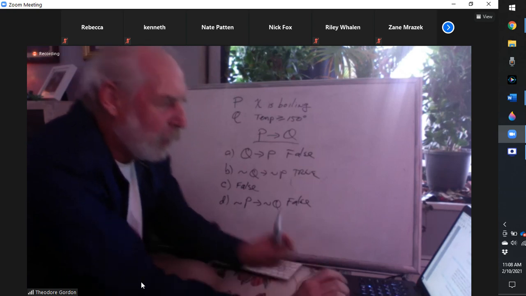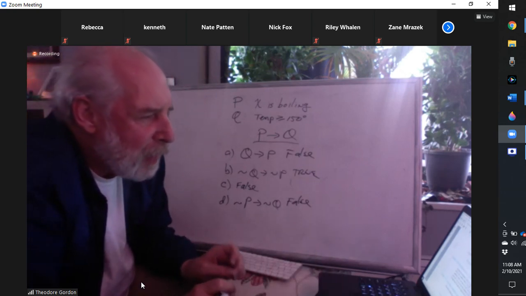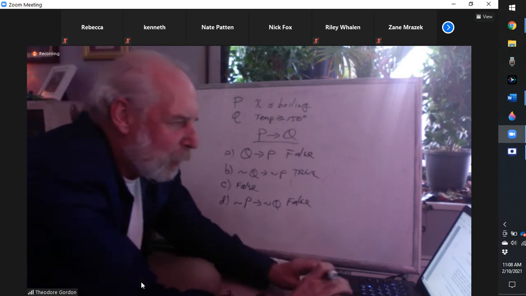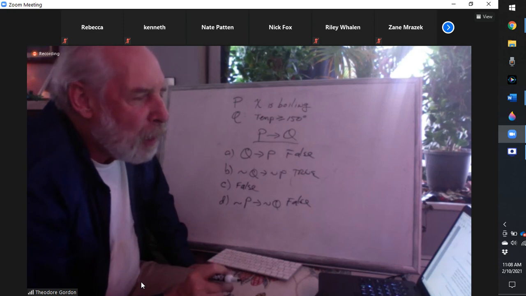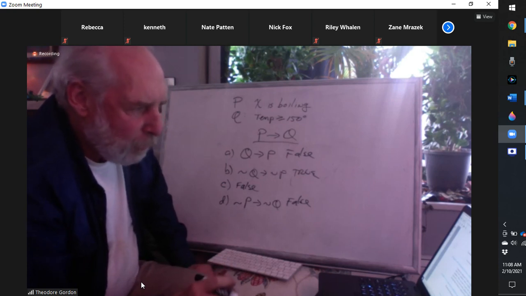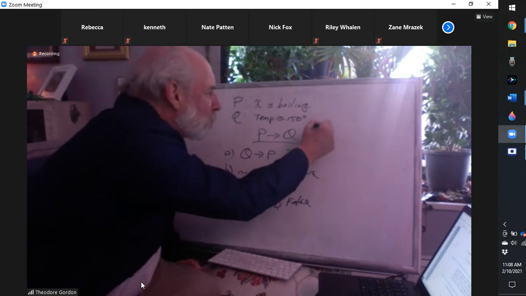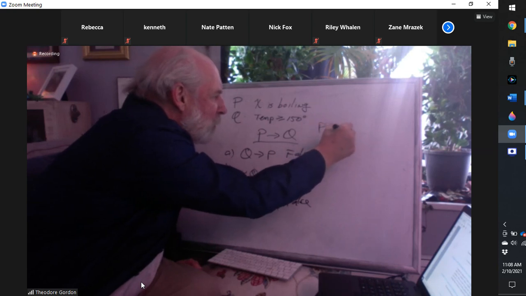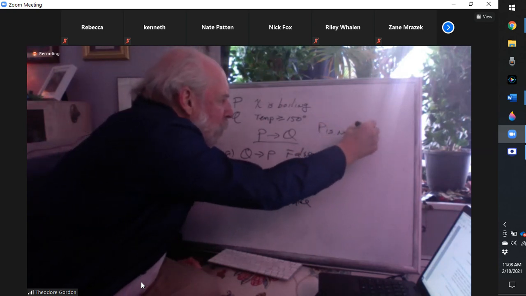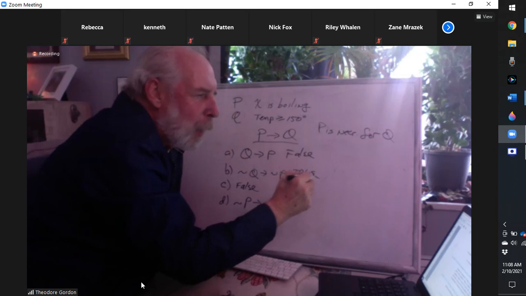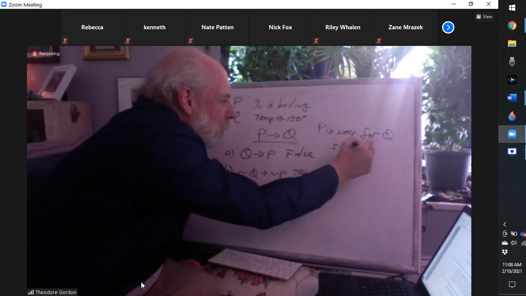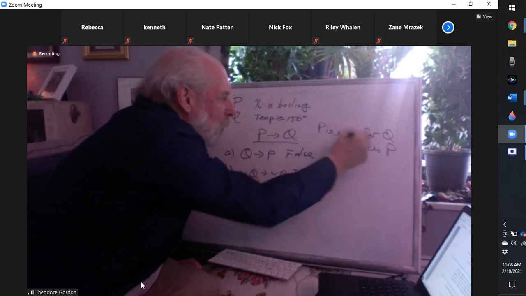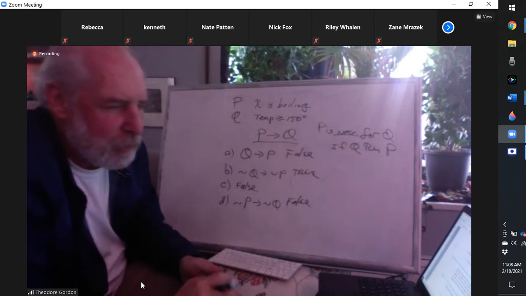Okay, so R is necessary. So if R is necessary for S, or let's say if P is necessary for Q, that means if Q, then P. So that's the definition of necessary right there.